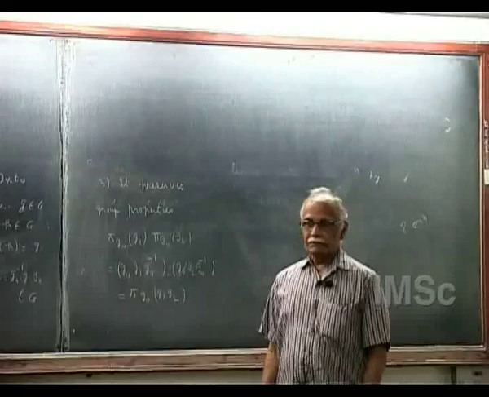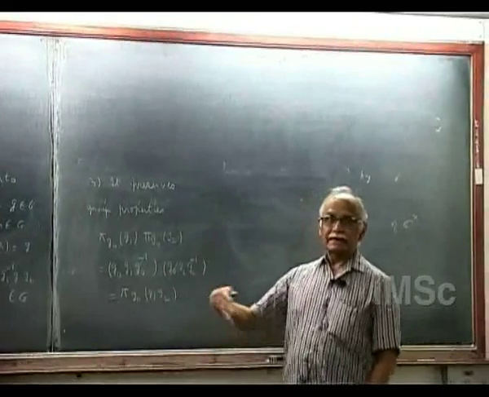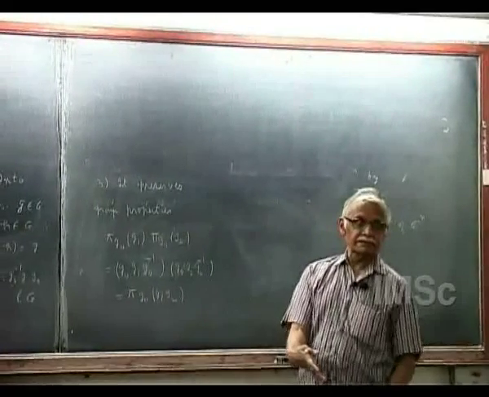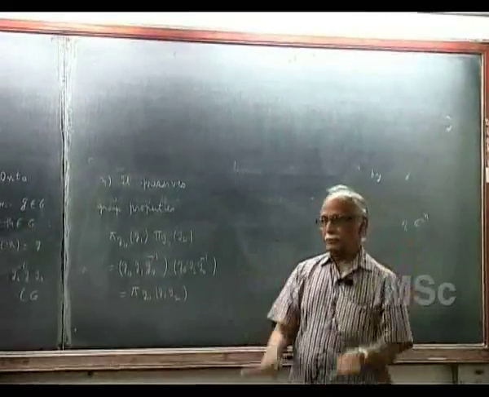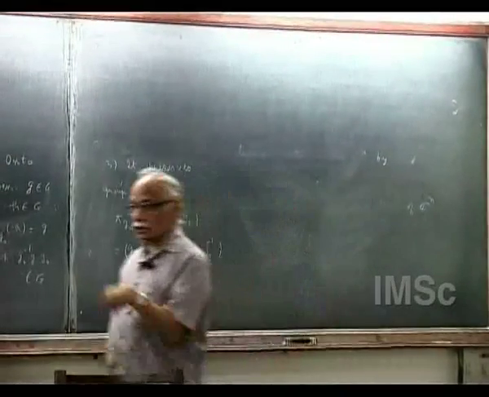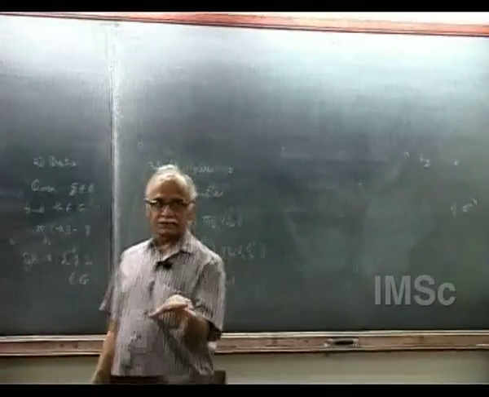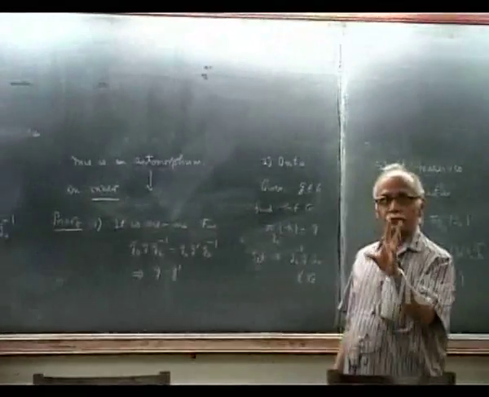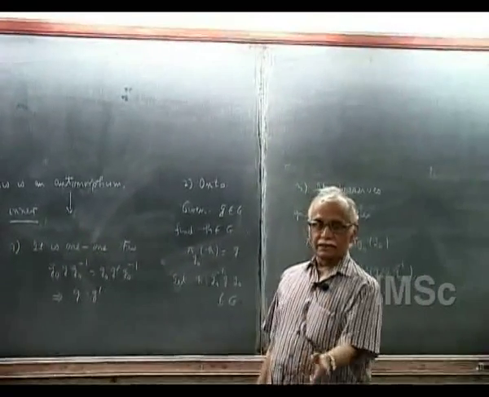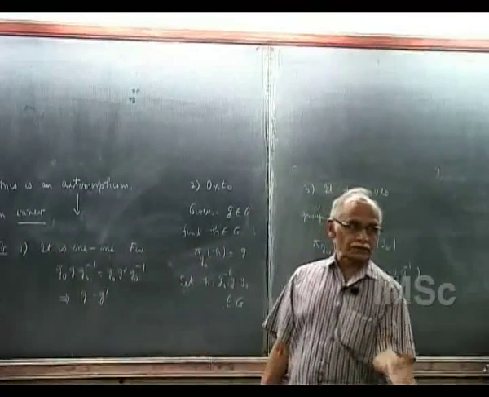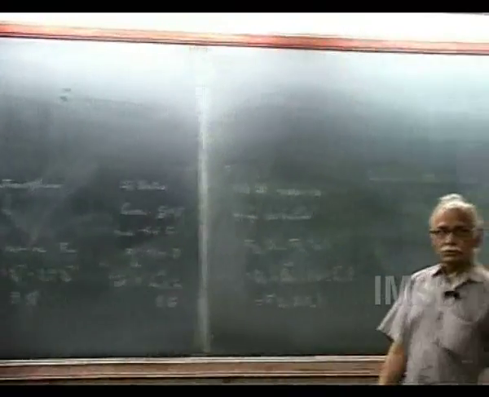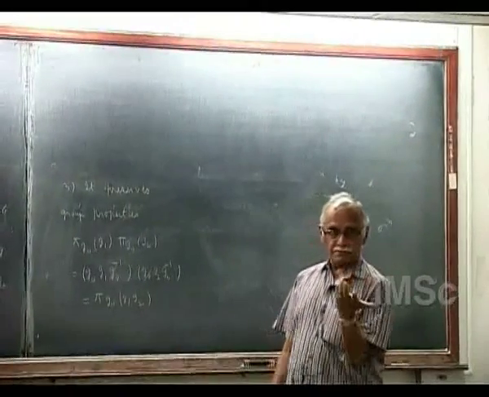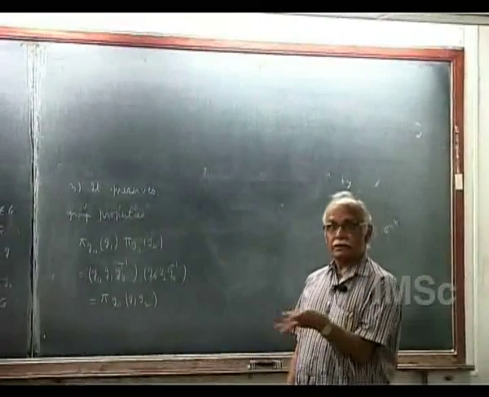We may want to include things like parity, time reversal, charge conjugation on top of this, but as automorphisms, that is, they should not change rotation. If I make a time reversal transformation, you should not change the characteristics of a rotation. Those are automorphisms, but they are not going to be inner.